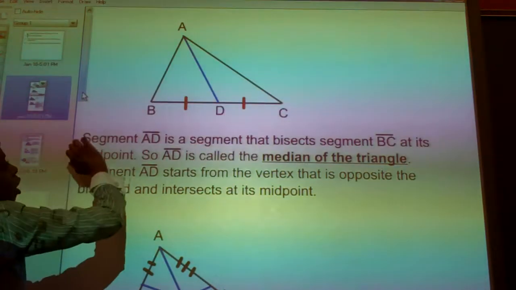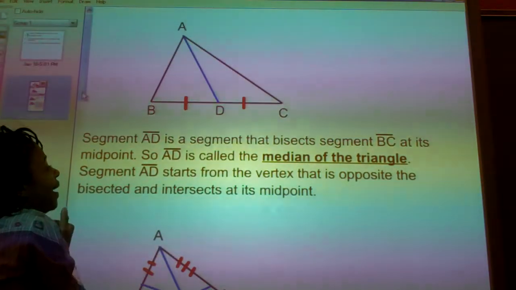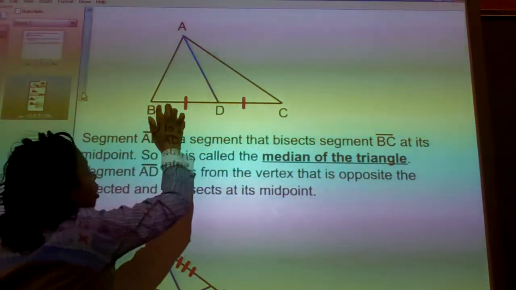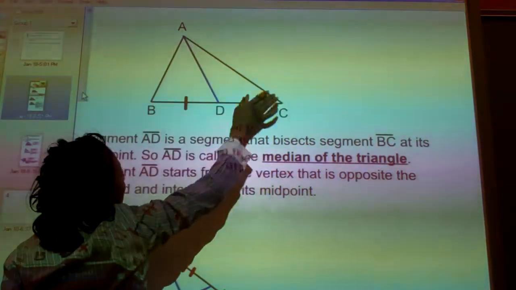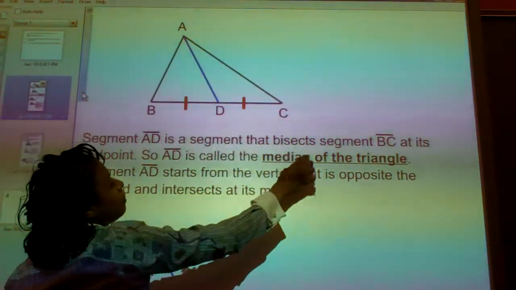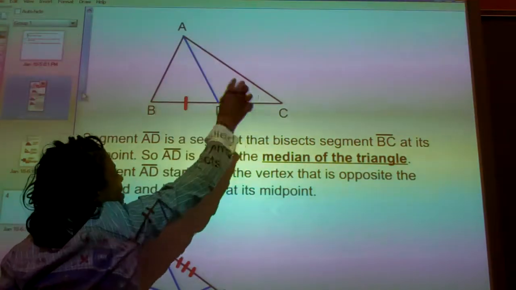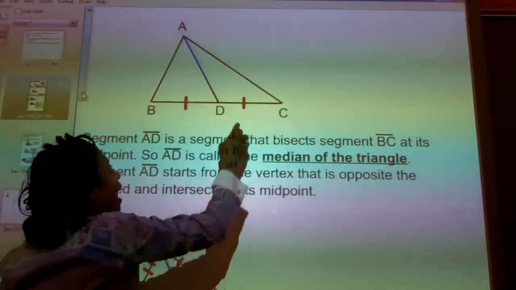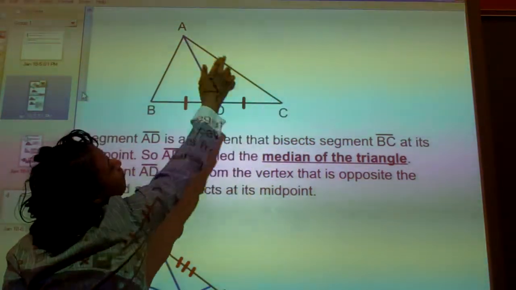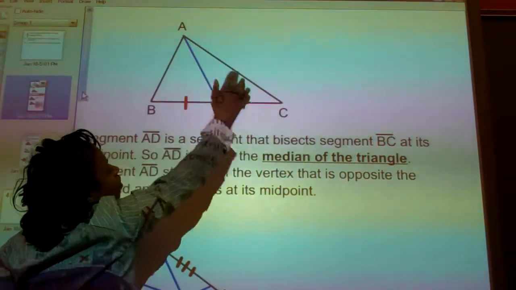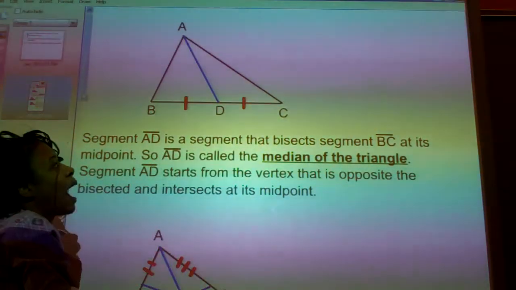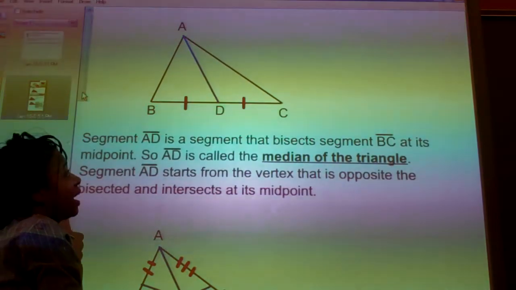I can also draw another median of the triangle for line segment AC. If I want a median for AC, two things need to happen. I need the angle opposite of AC. The question is, what angle is opposite to side AC?